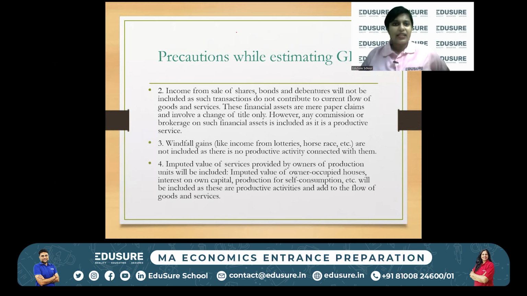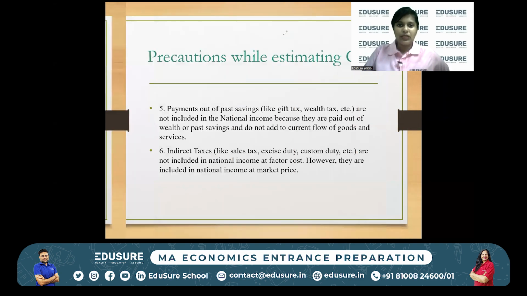All right, then like we just discussed, imputed value of owners' production units will be included. For example, imputed value of owner-occupied houses, imputed value of capital used by our own self, and so on. So imputed value of all factors which the owner is using has to be included.